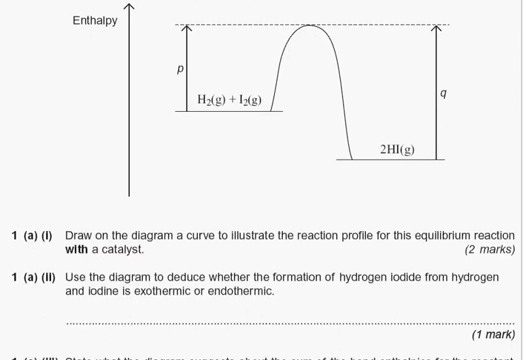Use the diagram to deduce whether the formation of hydrogen iodide from hydrogen and iodine is exothermic or endothermic. Alright, let's have a look. The thing to notice, going back to what I originally said, is this enthalpy arrow pointing upwards.